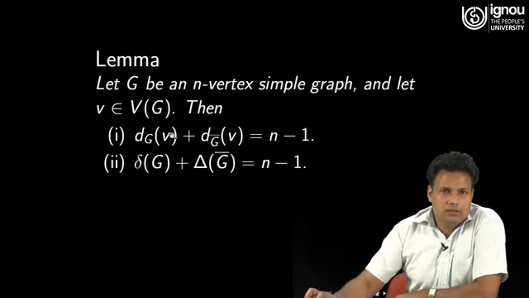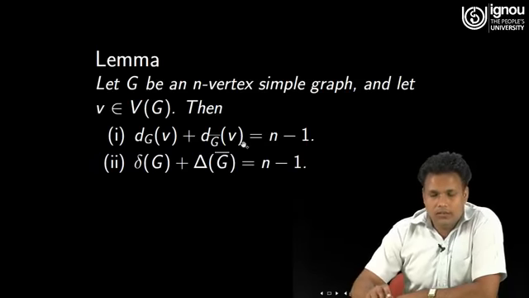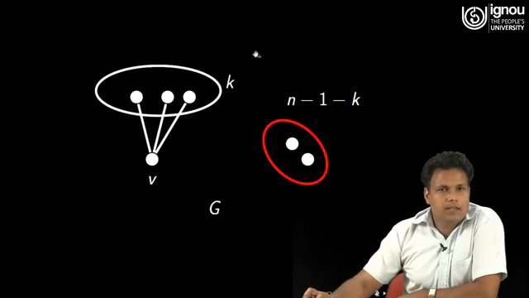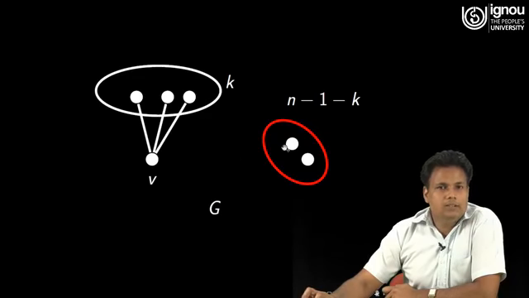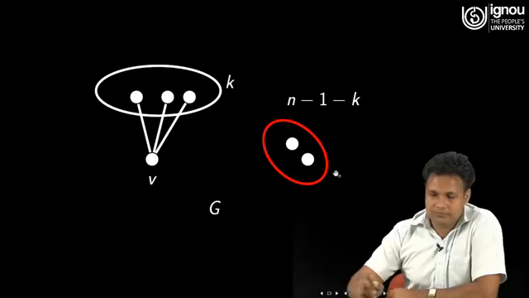You just consider the vertex V and let V have k neighbors in G, and then n minus 1 minus k vertices are non-adjacent to V. So these n minus 1 minus k vertices are the neighbors of V in G bar, and hence the degree sum of V in G and G bar becomes n minus 1.